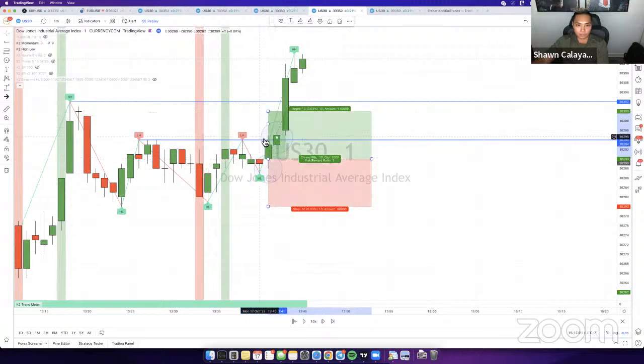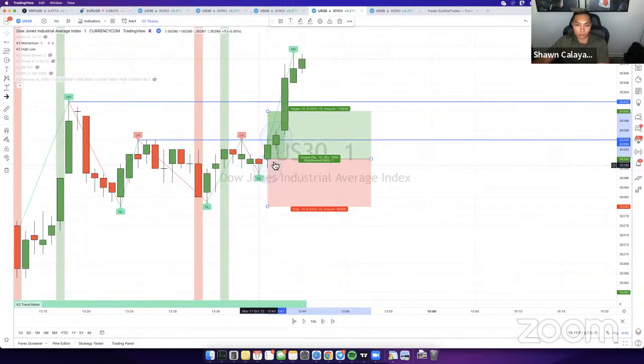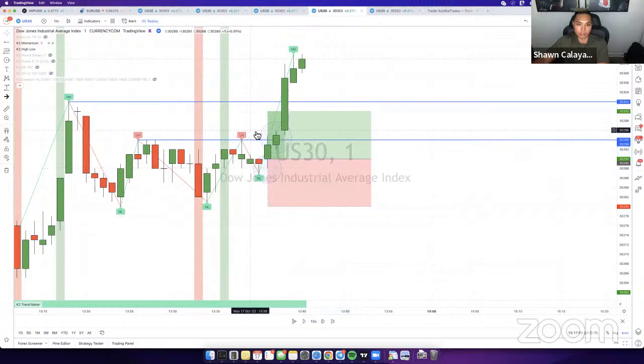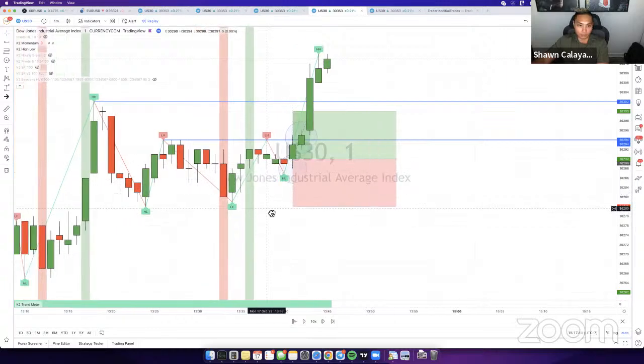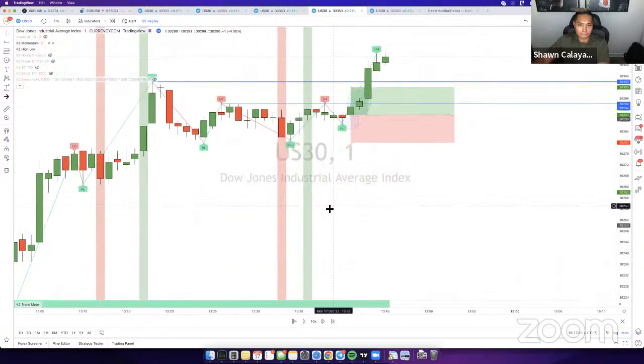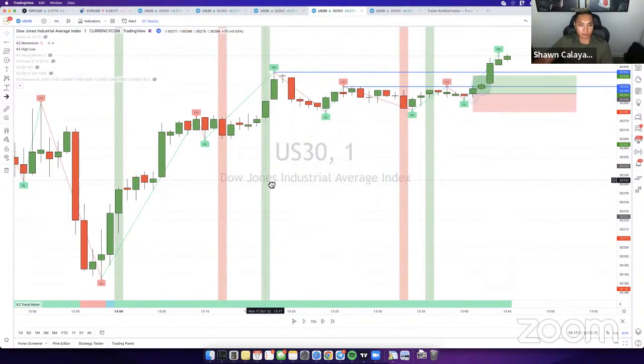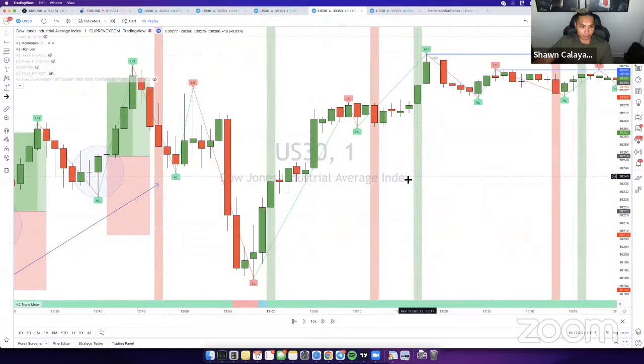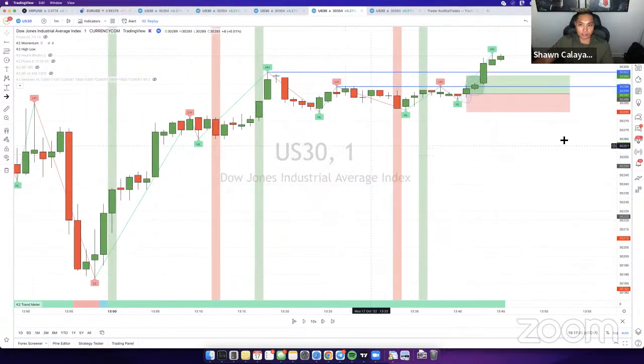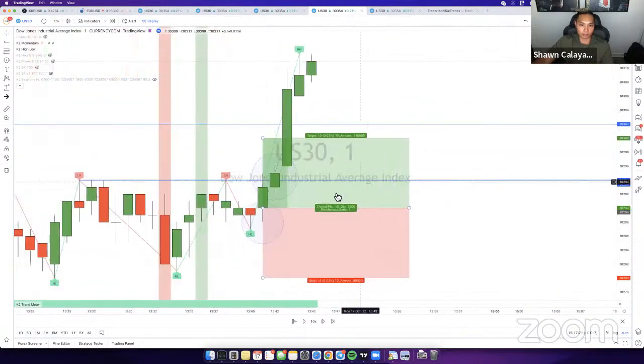So the flaw with this entry here, applying it the way that you're doing it, CT, is that sometimes you might be entering and price might just continue to drop a little lower. Let me see if I can find an example here. I don't think there's any good examples over here, but I get what you're saying, CT. That's basically the last area for you to make the entry point, right?